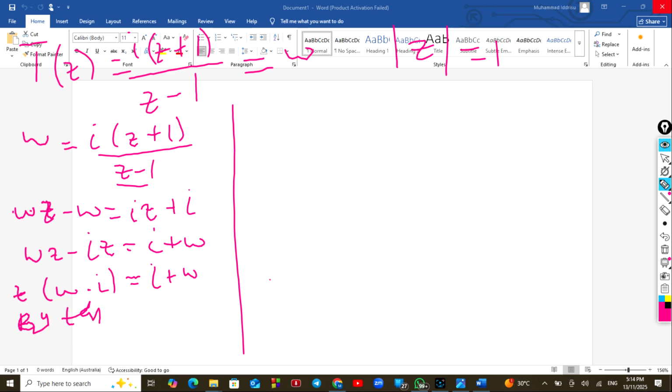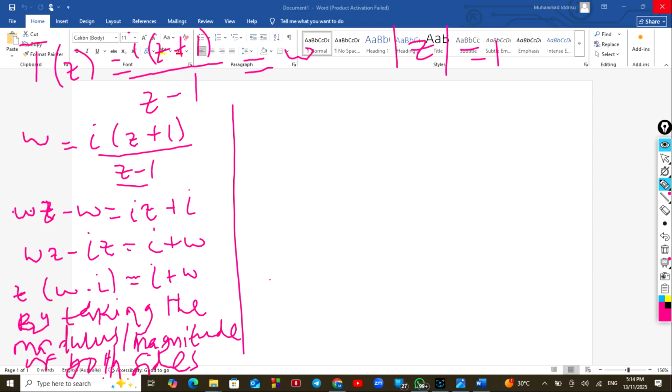So by taking the magnitude or modulus of both sides, we have the modulus of z, which we've been given. We are trying to make sure that wherever we see the magnitude of z, we can replace it by the value we've been given.